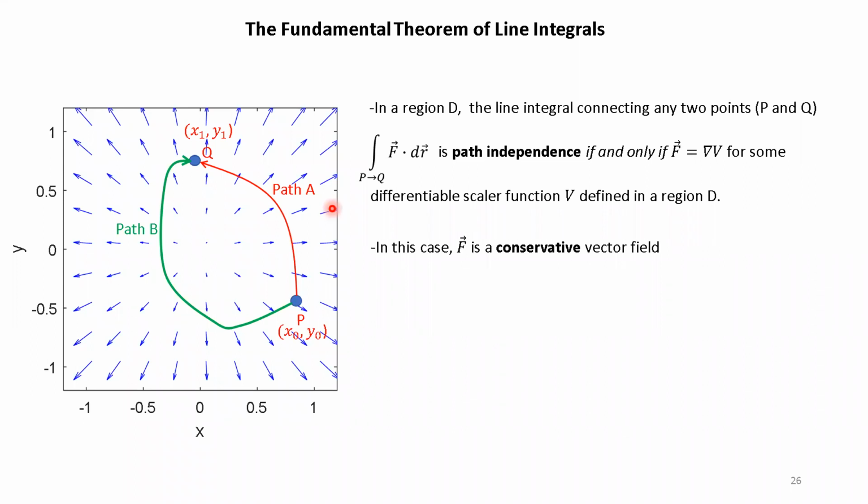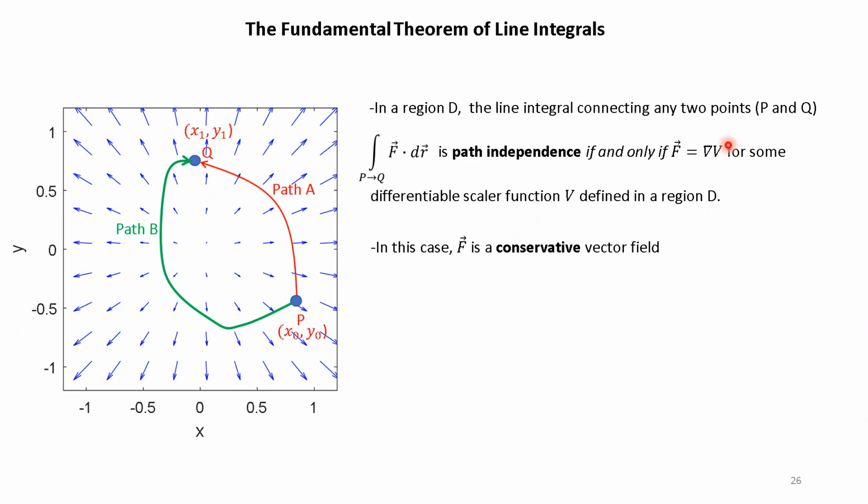And in this case, if this function can be expressed as the gradient of this scalar function, then f is known as a conservative vector field. At this point, we don't worry about what v is.